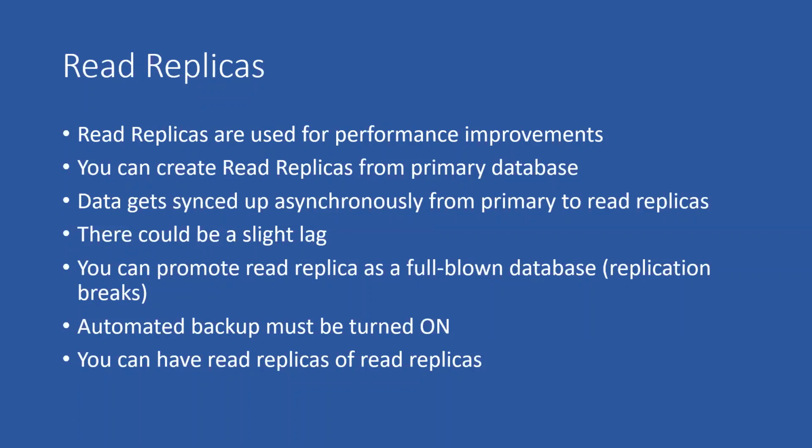I know I have my multi-AZ and my vertical scalability, meaning I have 4 vCPUs and 16 or 32 gig of RAM, but it's not really helping. I have provisioned IOPS, but still it's not helping. I want to scale it out. In that case, one of the very good options is to create an additional database and create them as read replicas.